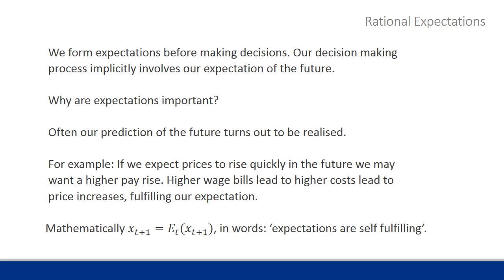Expectations are important because we use them in our decision-making processes. If we think a game is fair, we might enter the game. We guess whether the game is fair using our expectations. Our expectations of the weather help us to make a decision of what we should be taking in our bag for work.